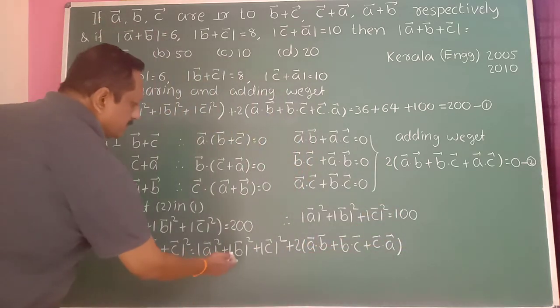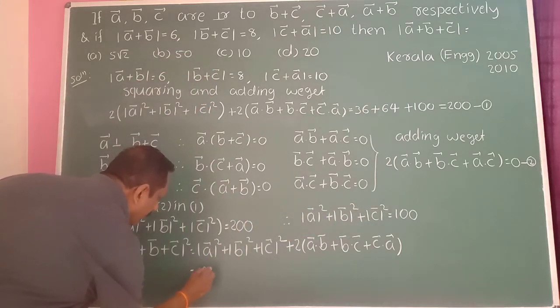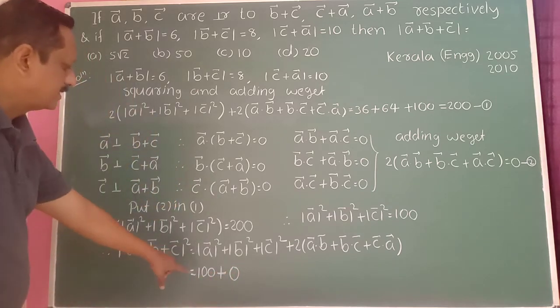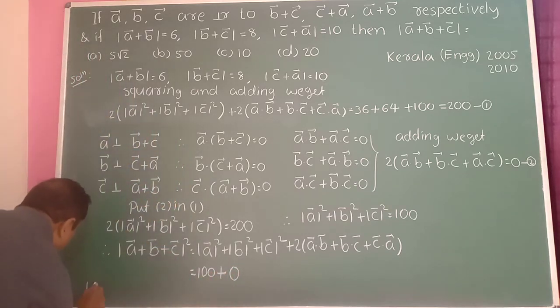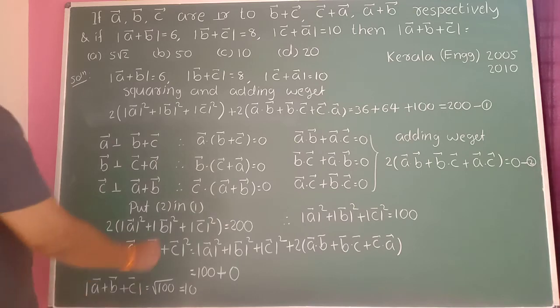Therefore, the sum of these numbers is 100 here. So this is equal to 100, and this becomes 0. Take the square root on the right side here. Modulus of a bar plus b bar plus c bar, square root of 100 is equal to 10. Therefore, 10 is the answer. C is the answer here.